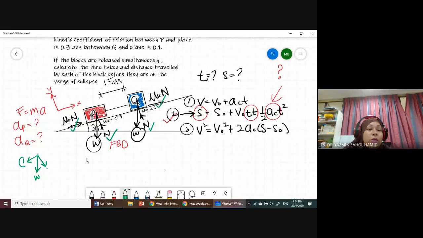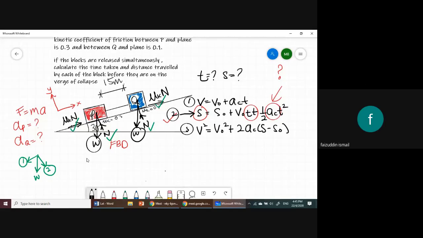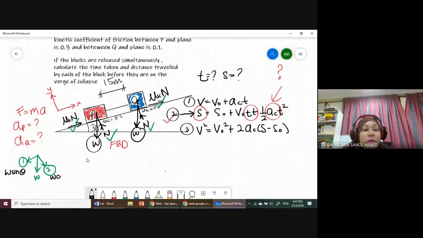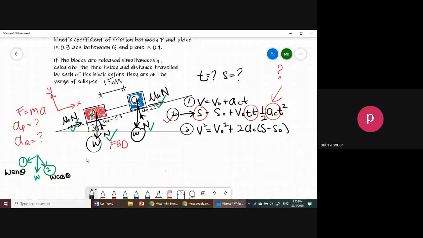What is number 1 and what is number 2 when you resolve W? Number 1 will be W sine theta or W cos theta? W sine theta. Number 2 will be W cos theta. Okay, good.